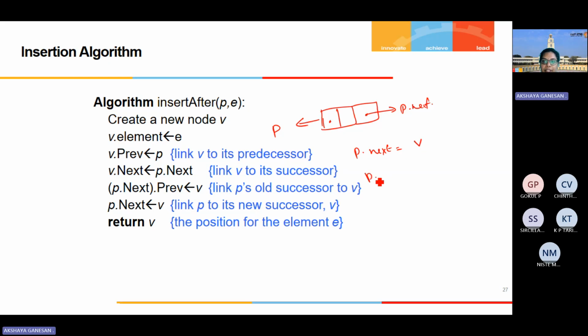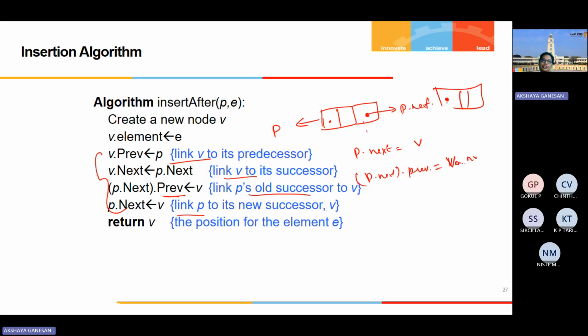And p dot next's previous, that is the next node's previous, has to be the new node v. So 4 pointers: link to its predecessor, link to its successor, that is the new node, and then the old successor's previous link, the new successor's link.